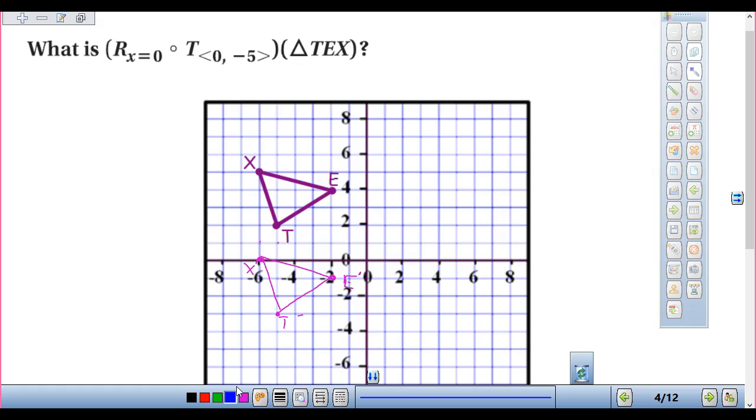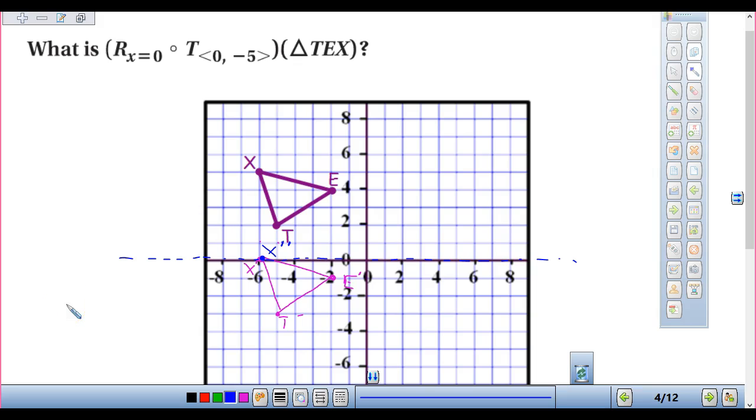Then we are reflecting over x equals 0, which is the y-axis. So we're reflecting over this line. If we look at x and I'm reflecting it over that line, and it's on that line, it just stays there. So when we label our second figure this time, it is x double prime. It needs two little apostrophes.